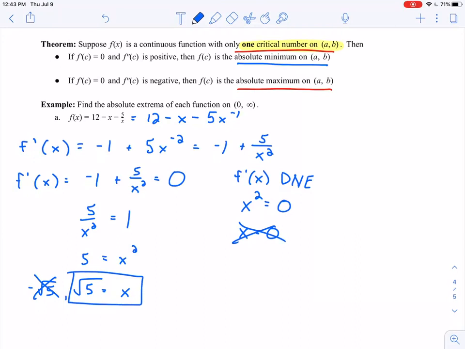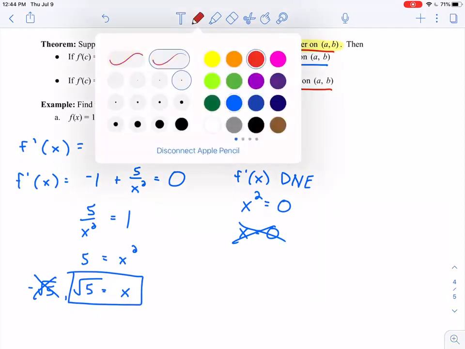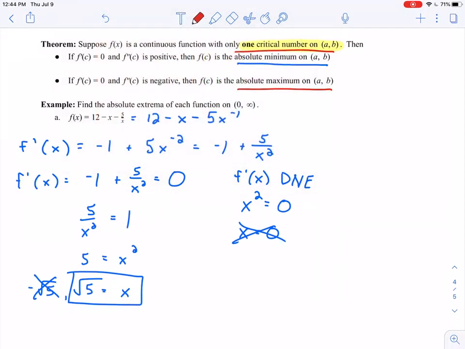Now I'm going to see, okay, at this one single critical number, do I have an absolute maximum? Do I have an absolute minimum? For that, you can honestly use either the first or the second derivative test. I'm going to use the second derivative test just because I think it's easier here in this case.